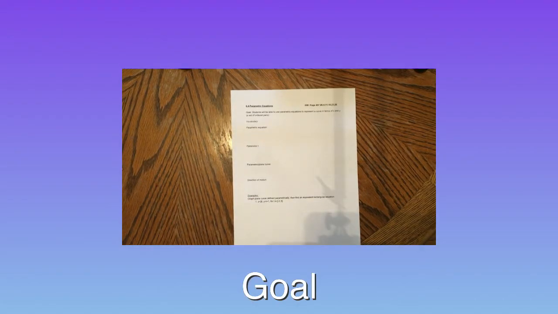Now, the goal is students will be able to use parametric equations to represent a curve in terms of x and y set of ordered pairs.